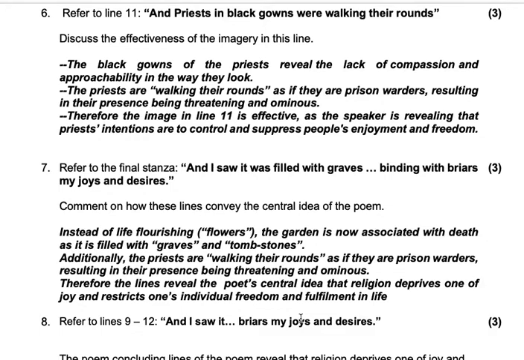Ominous means something bad is going to happen. Therefore, the image in line 11 is effective as the speaker is revealing that the priest's intentions are to control and suppress people's enjoyment and freedom. Right? So don't forget, if they ask you about effectiveness, you need to mention effective in your answer.